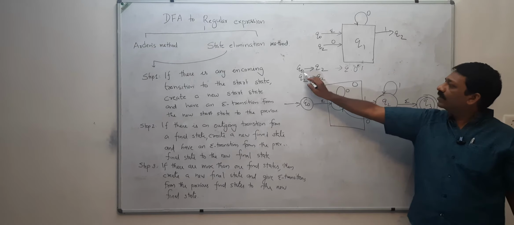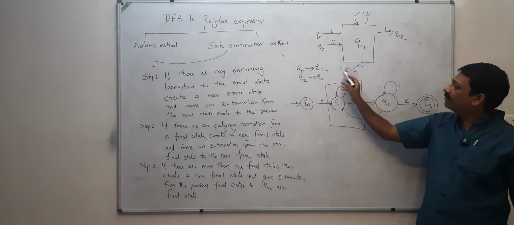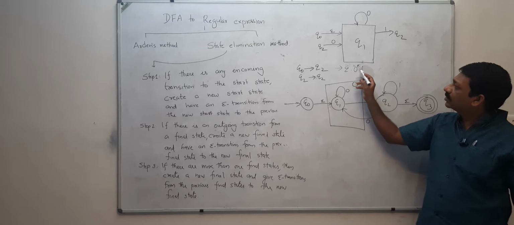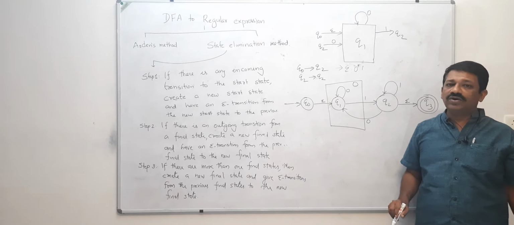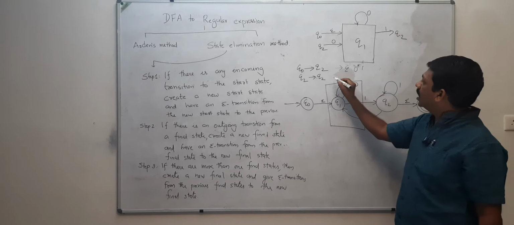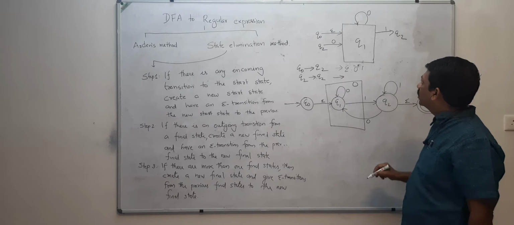That means from Q0 to Q2 you have epsilon dot 0 star 1, and from Q2 to Q2 what is that?